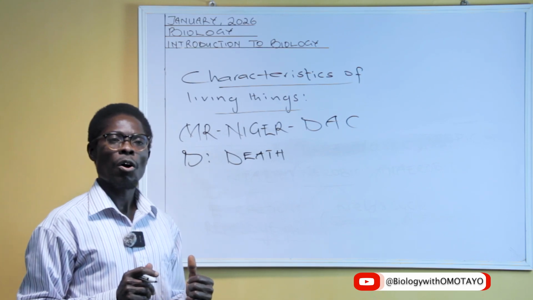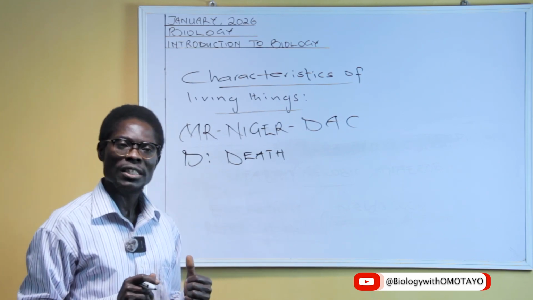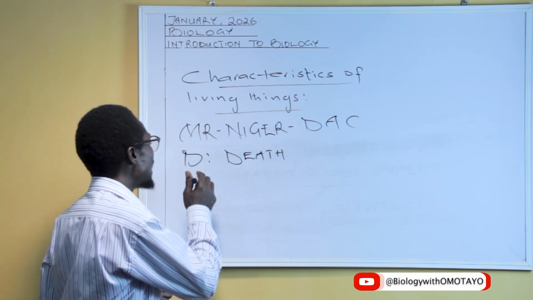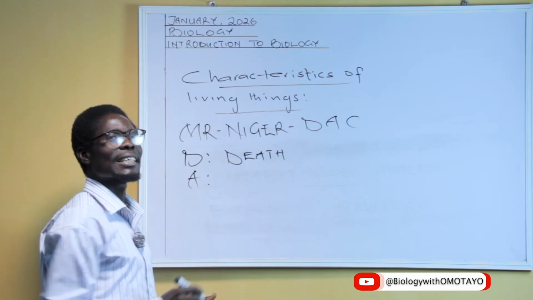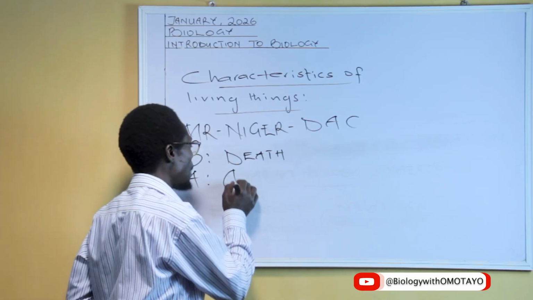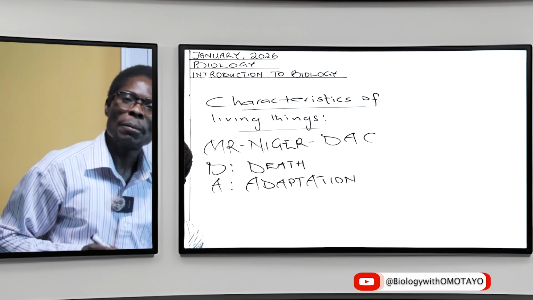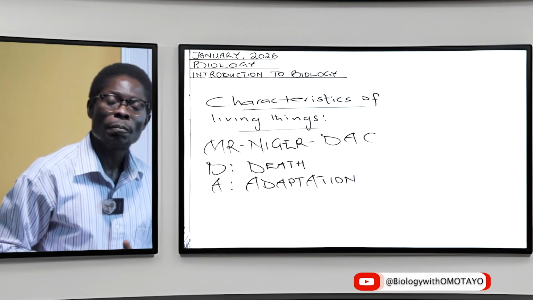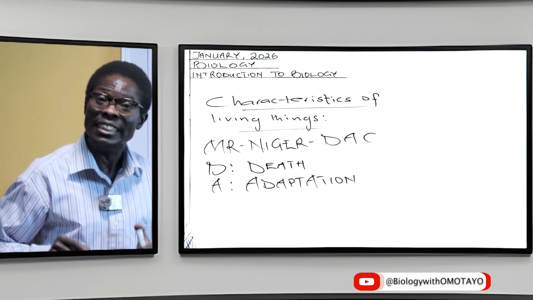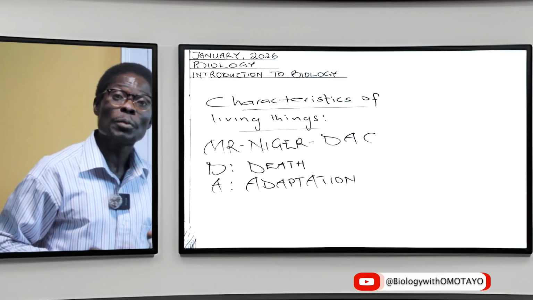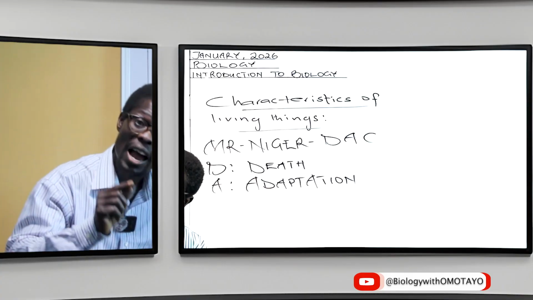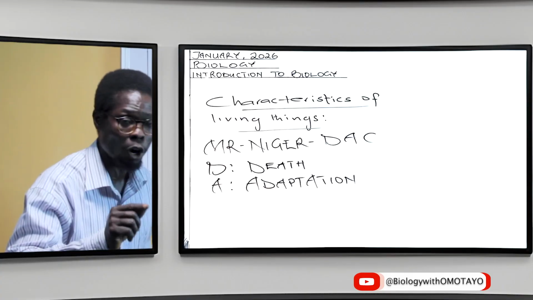However, before concluding with just death, there is an A that means adaptation. Adaptation is the ability of living organisms to adjust to changes in their environment so as to be able to ensure survival and reproduction.